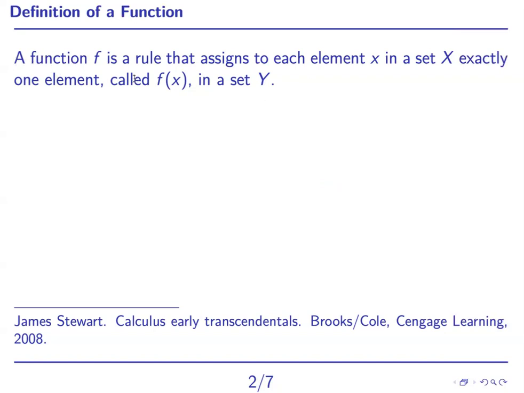So a function f is a rule that assigns to each element x in a set X exactly one element called f of x in a set Y. This might take a second to digest, but basically what it's saying is the function f is taking an element named lowercase x and mapping it to another element called f of x.